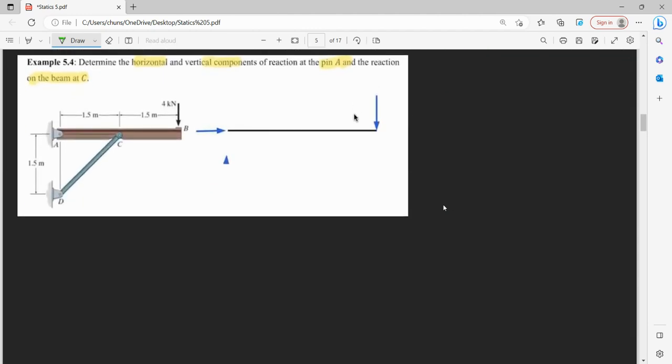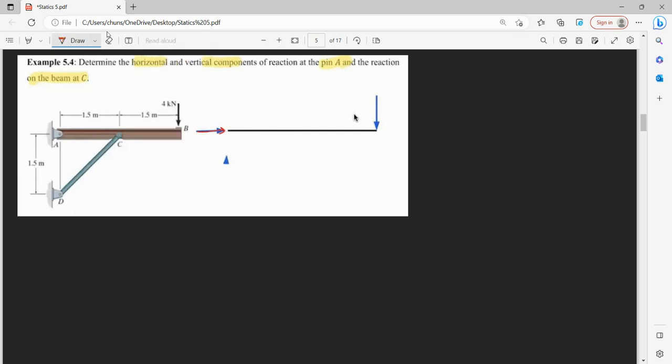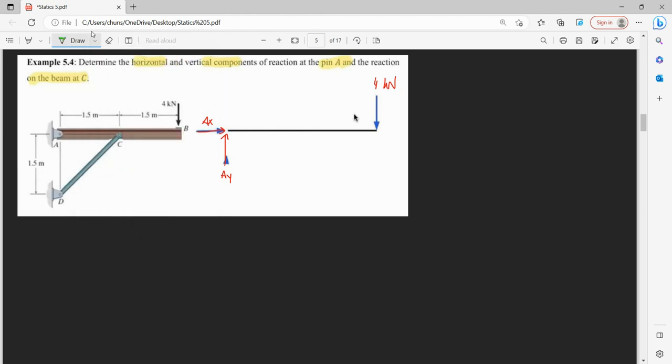So let's actually put this problem to use. Let's solve it. So we have our AX reaction here. We have AY reaction, 4 kilonewtons. And now we assumed the rod is under compression, which produces a tension force.